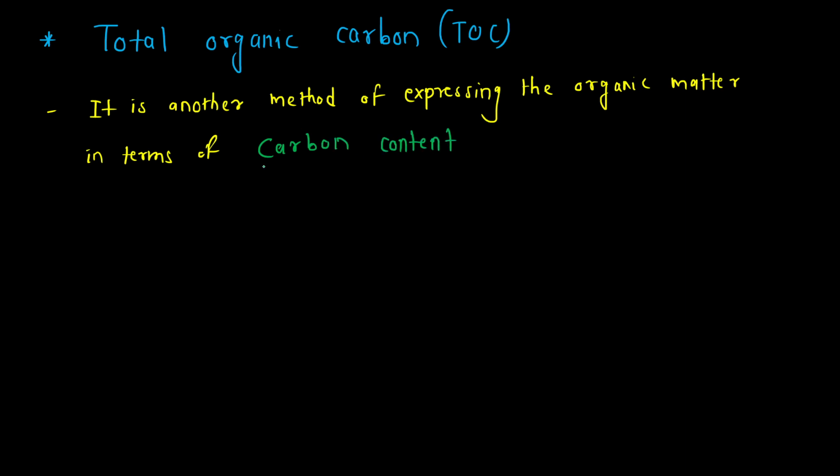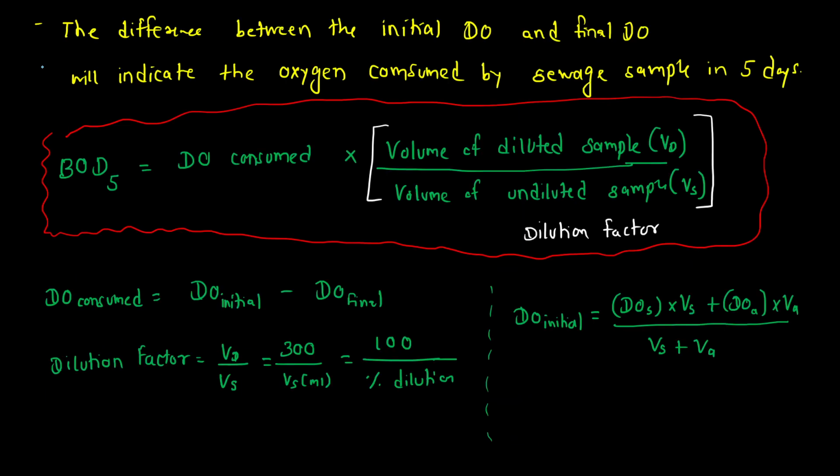Okay, so that is amount of carbon. In that term we will express the organic content. So we'll take one example also of this, but before that we'll write down the last one. So this is the third property, and the fourth property is, what is the fourth property?